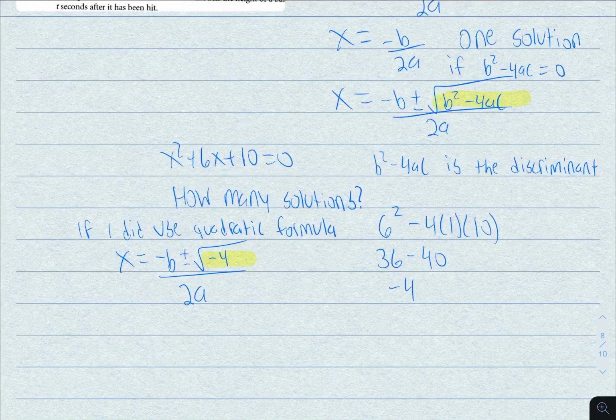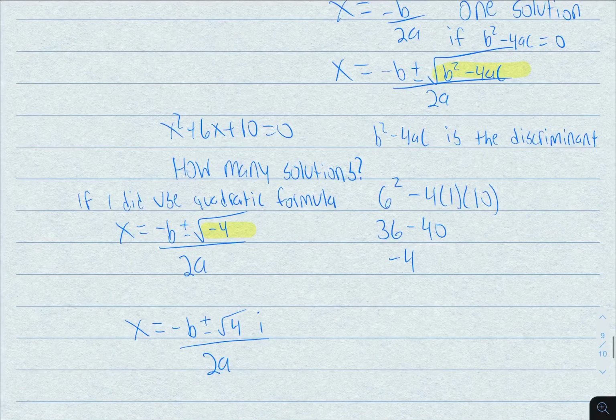In yesterday's video, I showed that if you have the square root of a negative number, then you pretend that number is positive, and then you put an i on it. So now we have negative b plus or minus the square root of 4i divided by 2a. And that i means imaginary or non-real. It's also called a complex number.